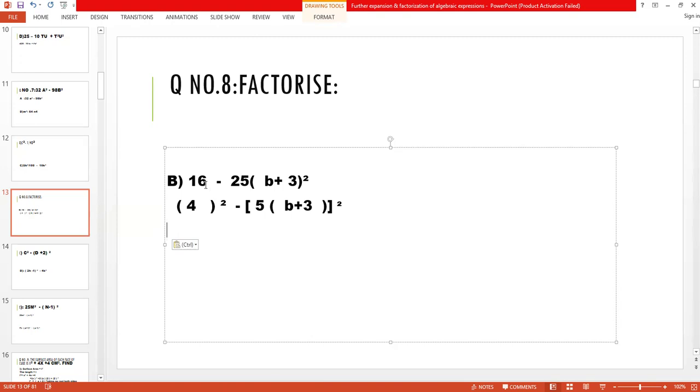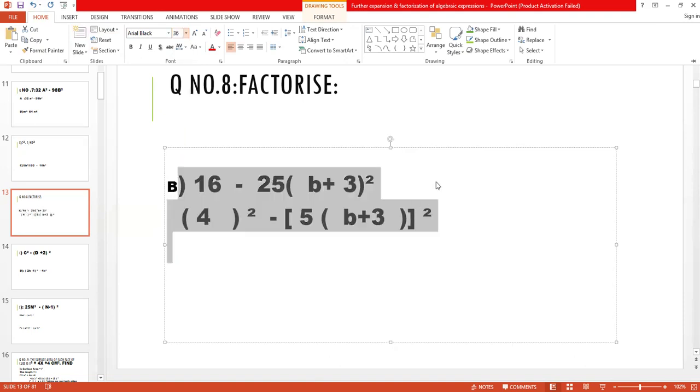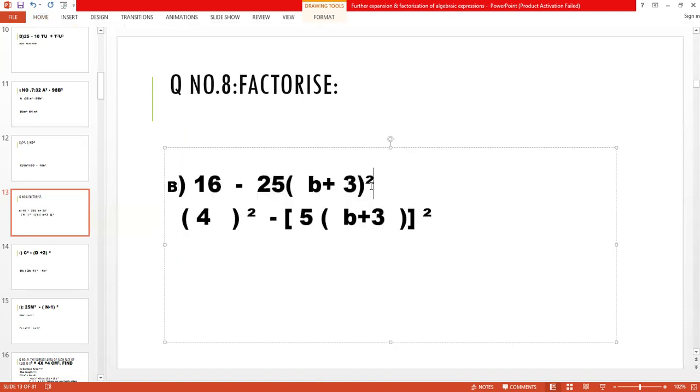Again, look here. I have to change the form. Look here. This is the question. 16 is given. Actually, 16 is the square. And 16 is the square of which number? The same number you have to multiply 2 times to get 16. That is 4.